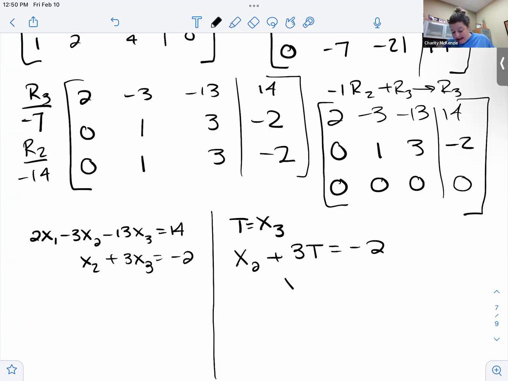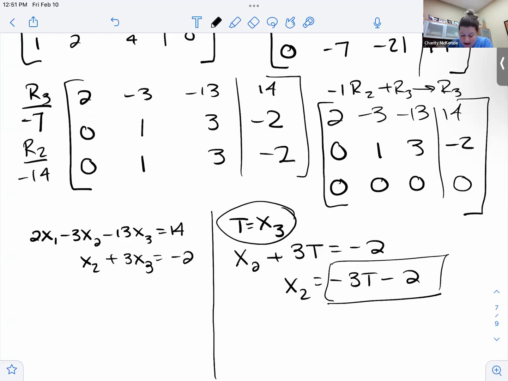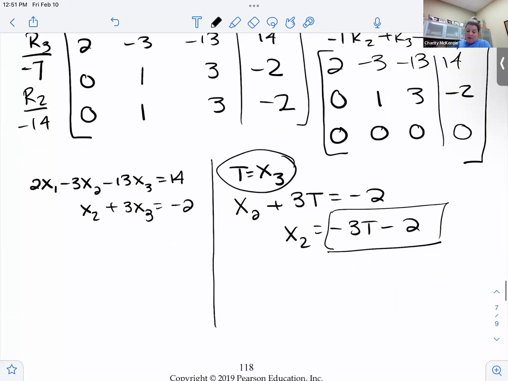So I'm going to minus that over. I'm basically going to say x2 equals negative 3t minus 2. And really, any number I want to put in for that t will get me the x2, by multiplying by the negative 3 and minusing the 2. That will get me that value for x2. And so we know x2 is going to equal this.